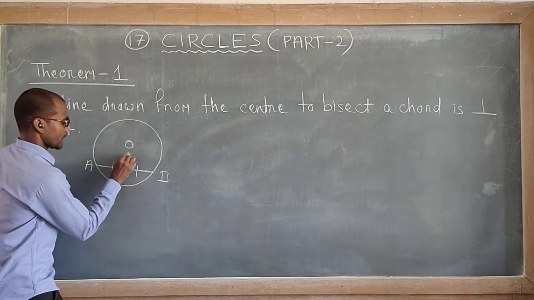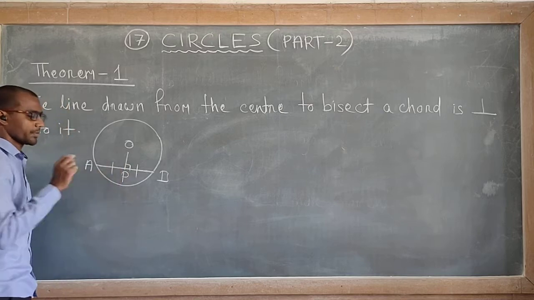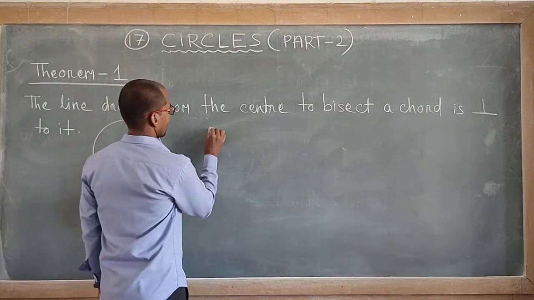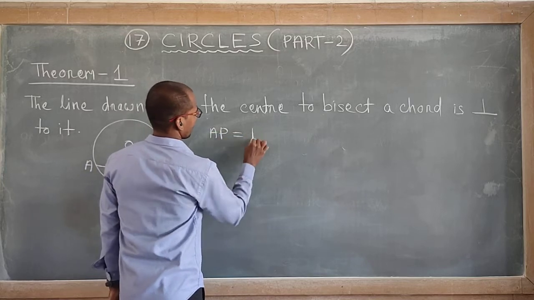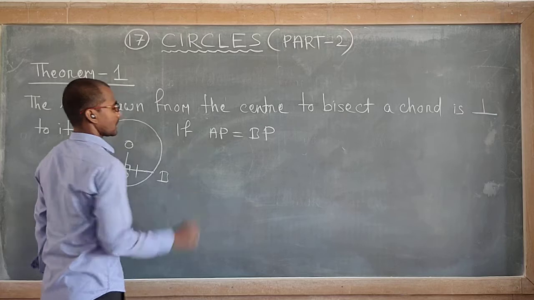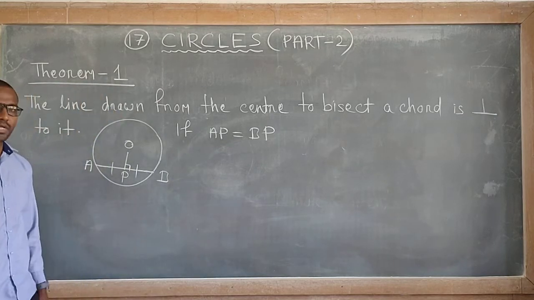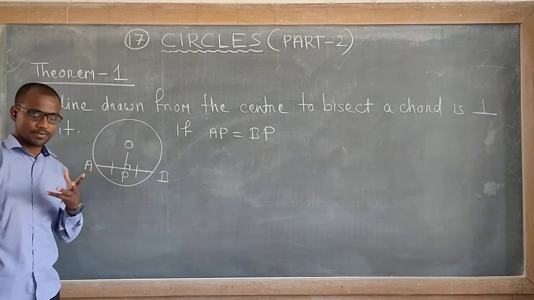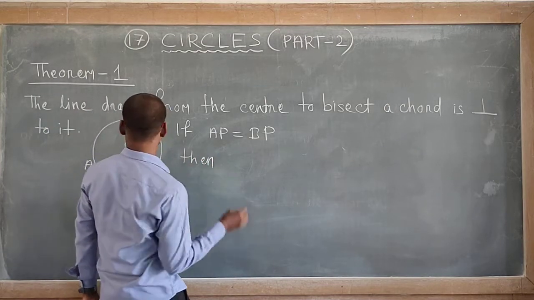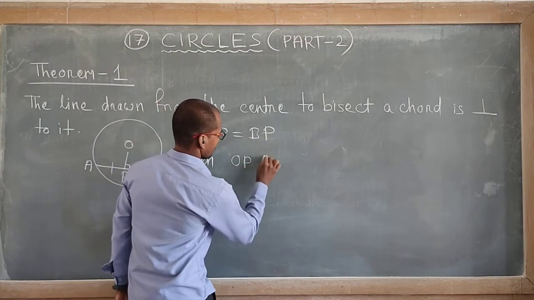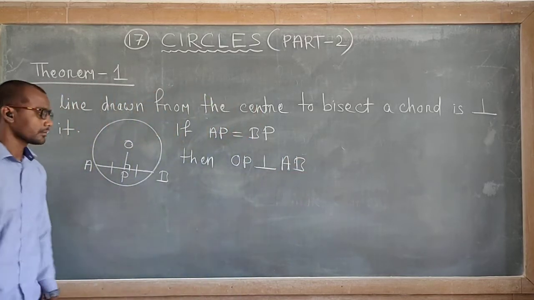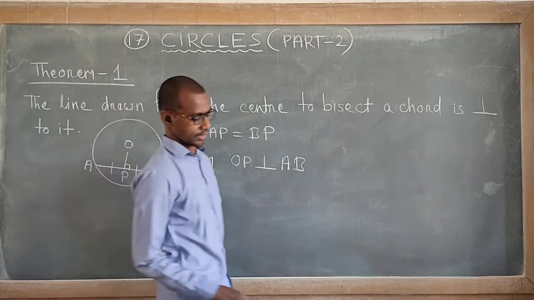If we join OP, it will be perpendicular to AB. This is the theorem. So if AP is equal to BP, meaning OP bisects AB, then OP is perpendicular to AB. This is theorem number 1.